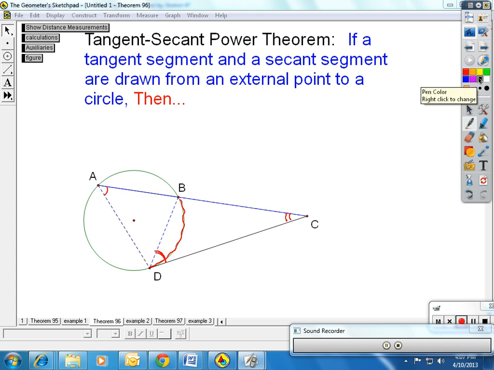I got two triangles that are congruent. Let's record them. I've got, not congruent, I'm sorry, similar. I've got triangle A, C, D. That's A, C, D. Must be similar to triangle D, C, B. I see that D and A are congruent, C and C are congruent.